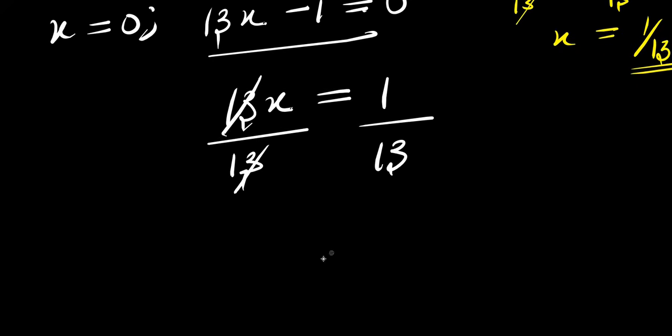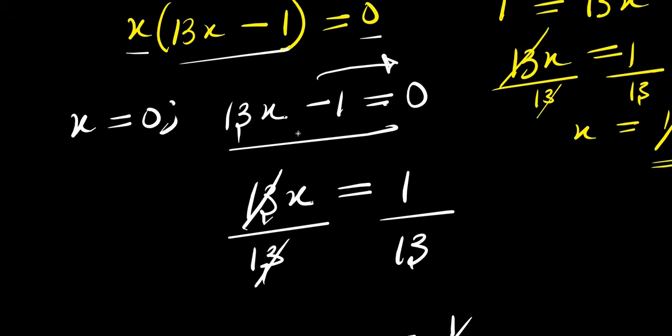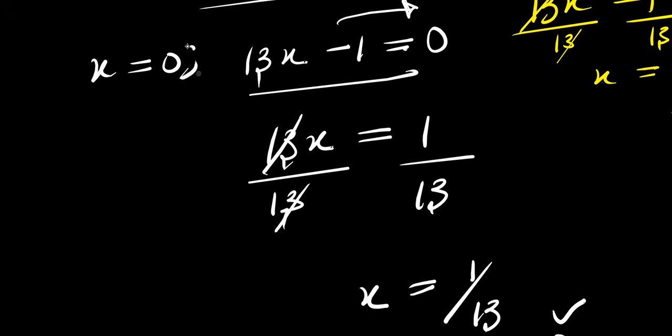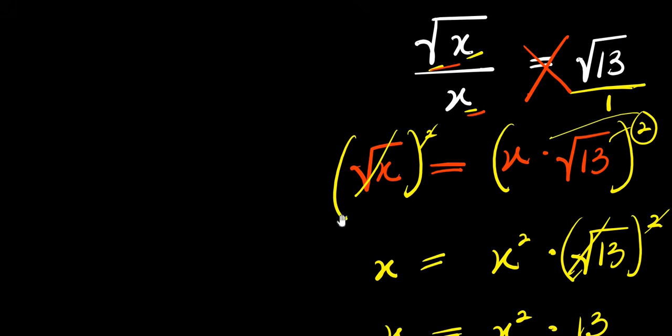Then I also have x equals 1 over 13. Now, with this method of forming a quadratic equation, we have x equals 0 and also x equals 1 over 13. Now, that is one way of solving this whole equation. We can as well solve this radical equation using this other method.